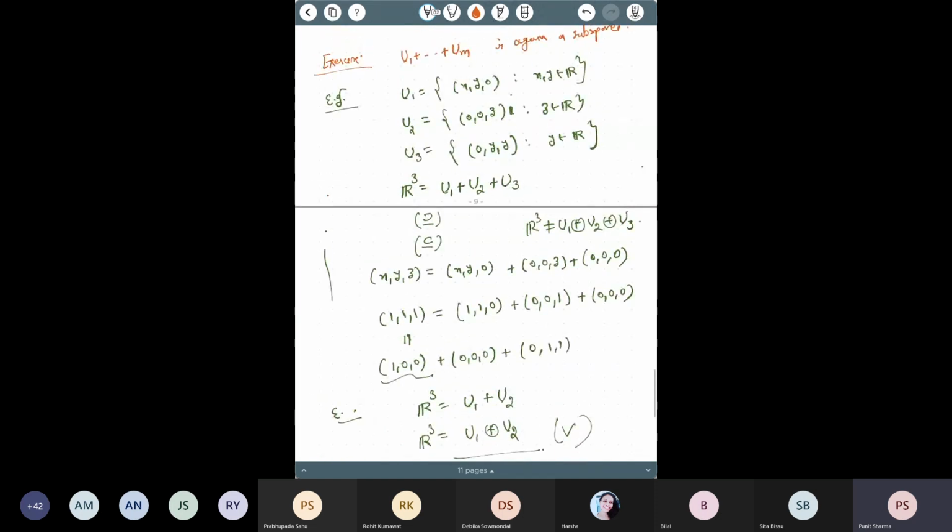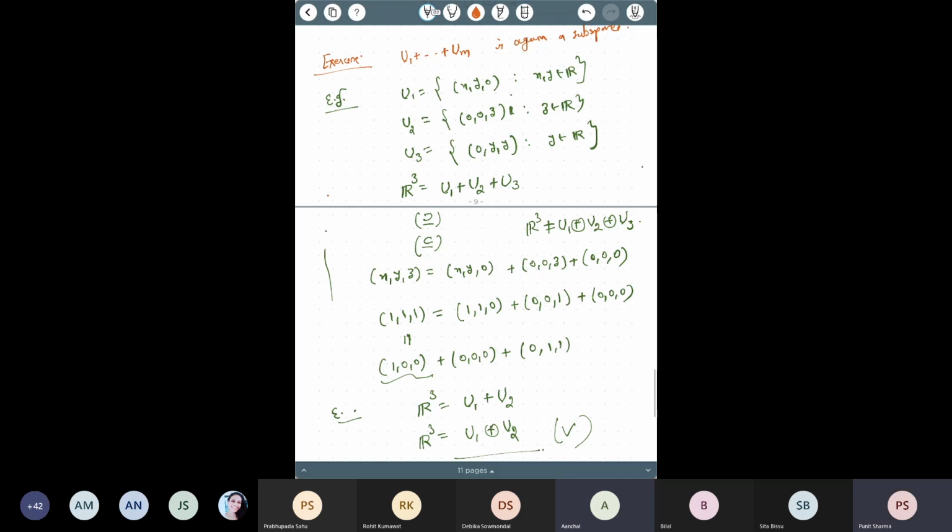Look at the intersection of any two here. Sir, the intersection of U1 plus U2 up to Un minus 1 and Un.